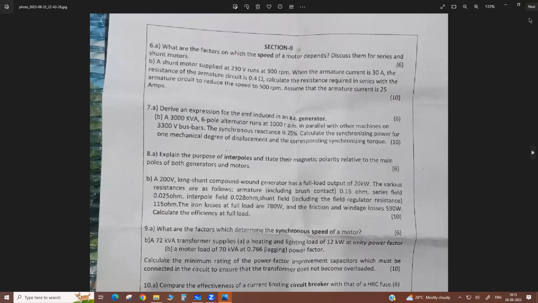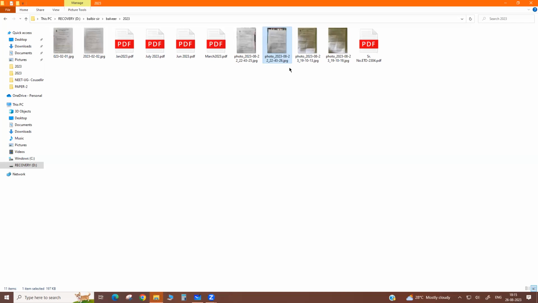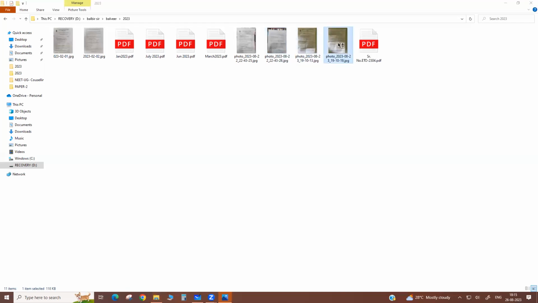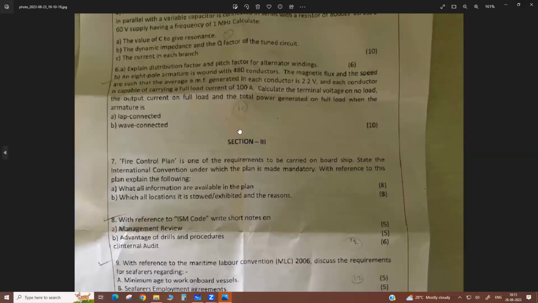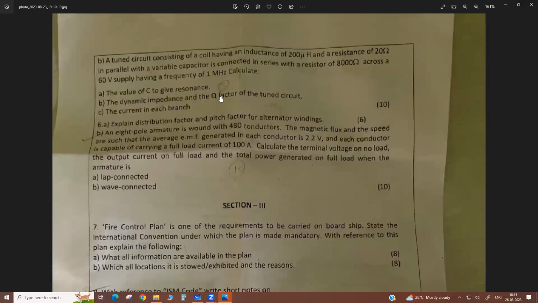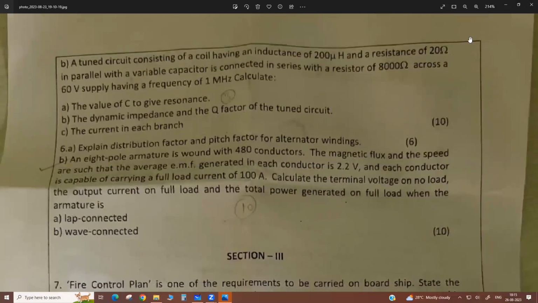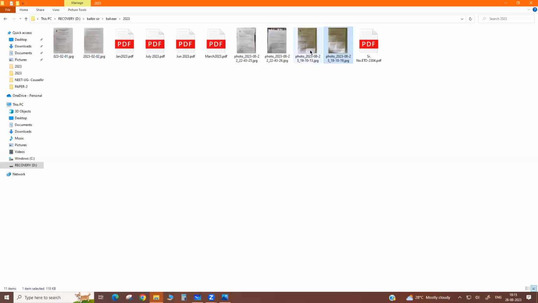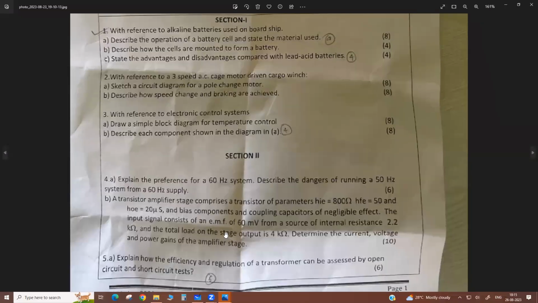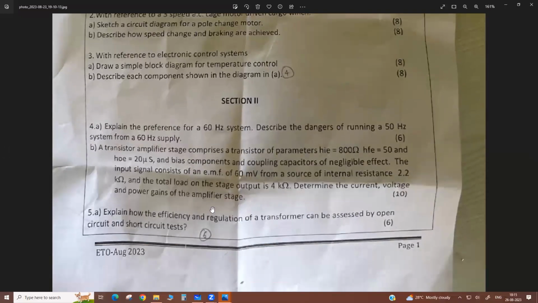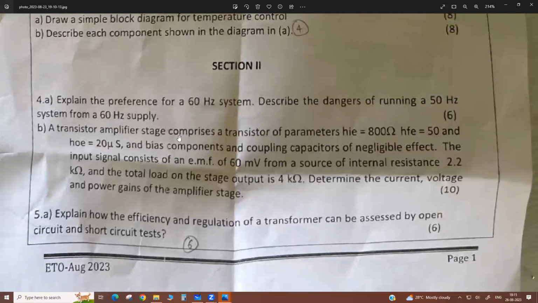Part A of this is your one from amplifier circuit.